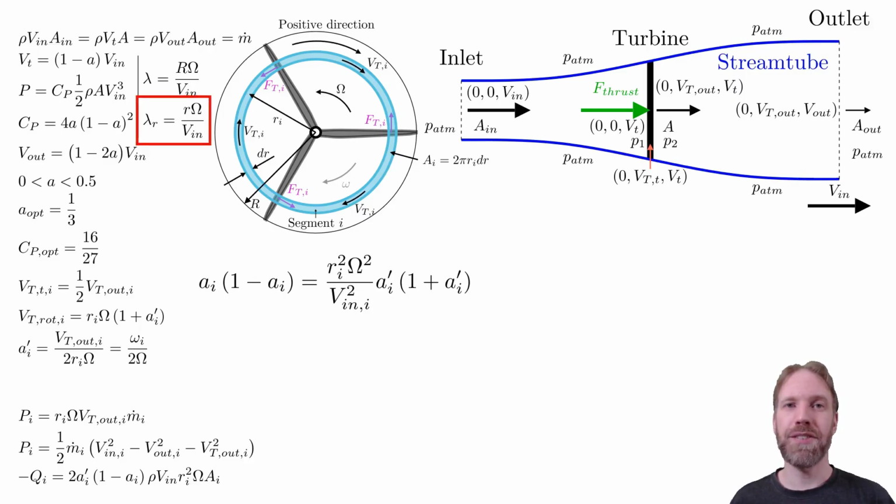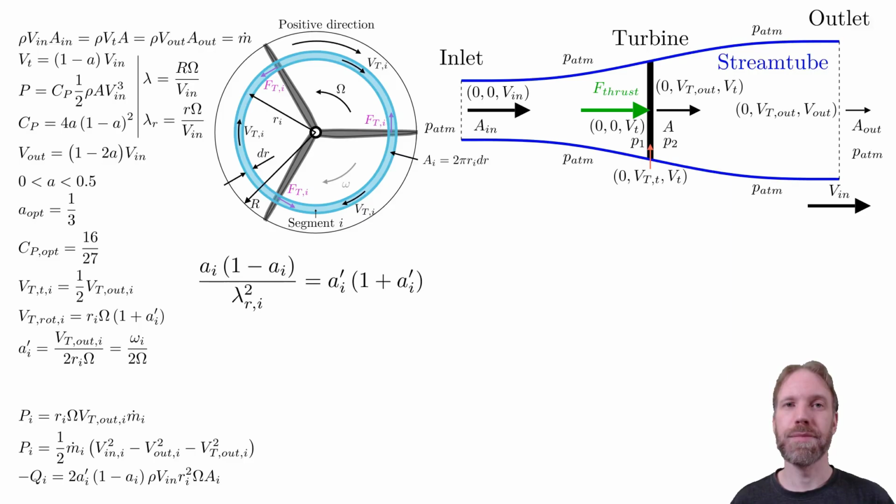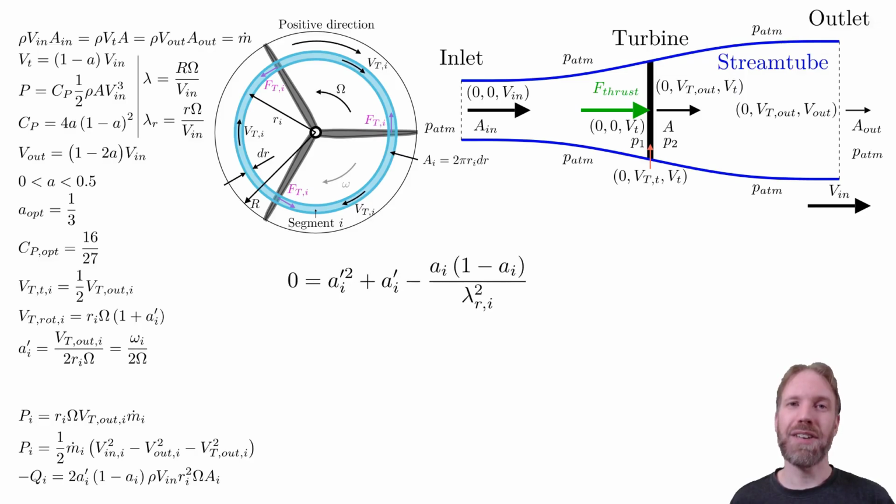Replace the expression with the local tip speed ratio. And divide by it. Expand the parentheses. And reorder the terms. We now have a traditional second order equation, which we know how to solve.